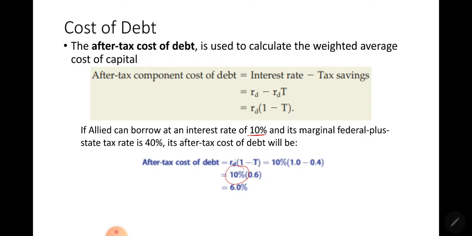Times 1 minus T, so 1 minus 40%, which means 0.4. So 10% times 0.6 becomes 6%. So the after tax cost of debt is 6% for the corporation. Before tax it was 10%, but because there is a tax shield in it, their expense reduces to 6%.